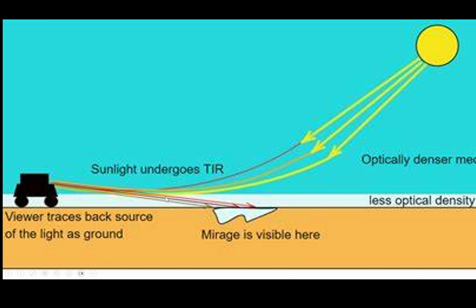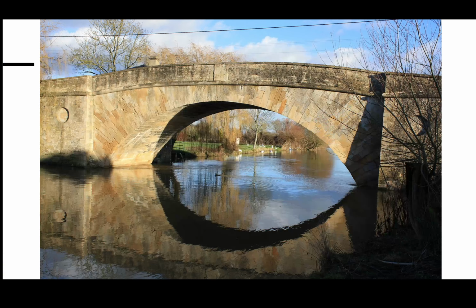So it creates this optical illusion of a mirage. For example, here we see an optical mirage under this bridge as it is reflected in here, or we're just seeing our reflection. So a general reflection of light.